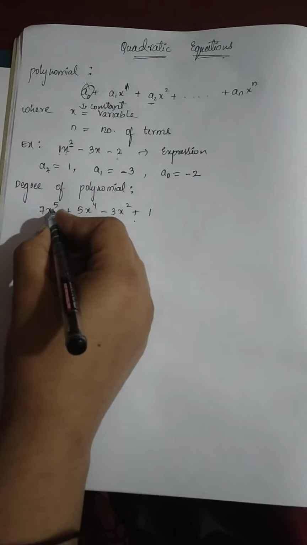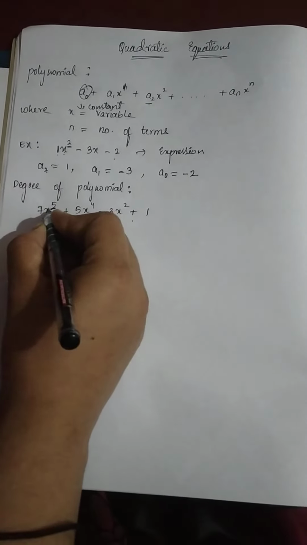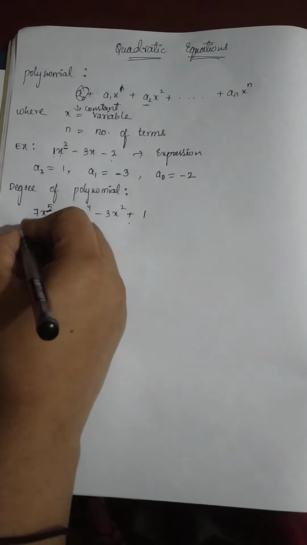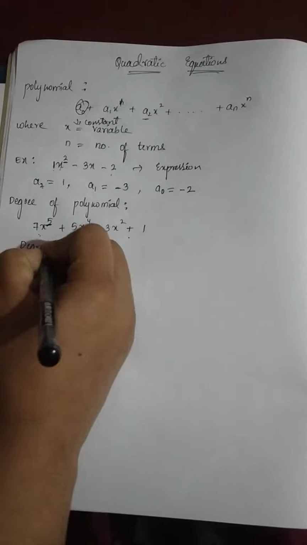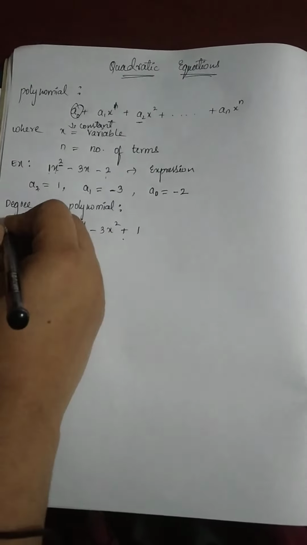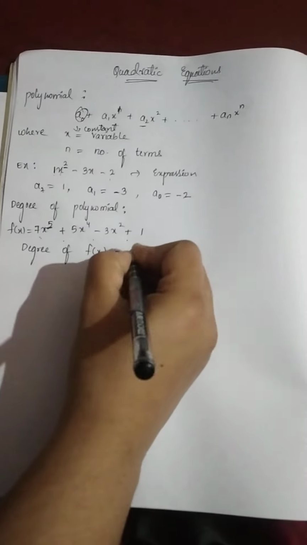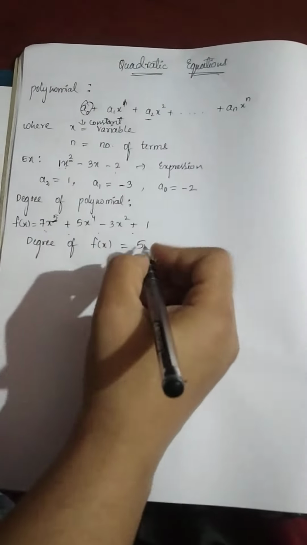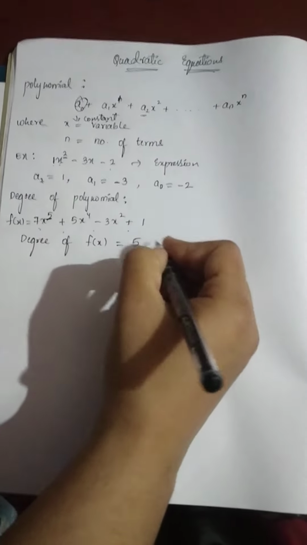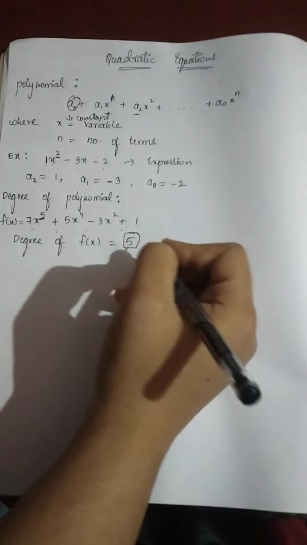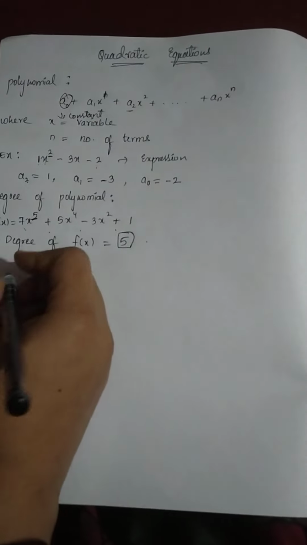Here which is the highest power? 5. It means the highest power with x, that will be the degree of f of x. Degree of f of x is equal to 5. This cannot be negative, this should be positive only, right?